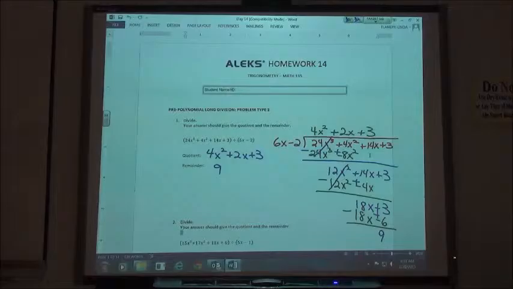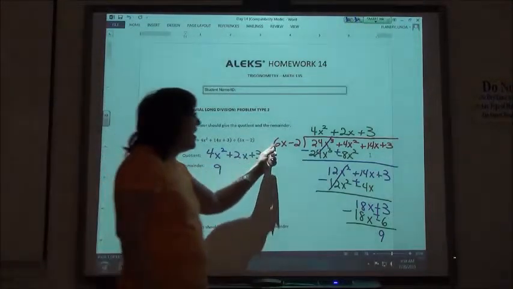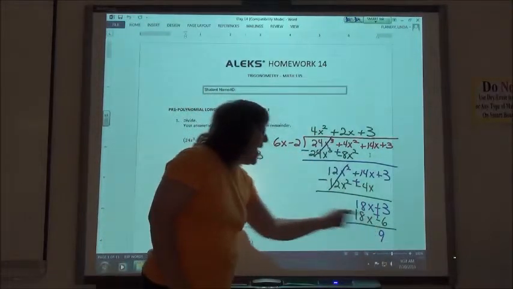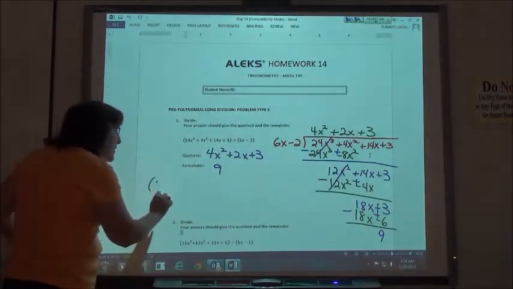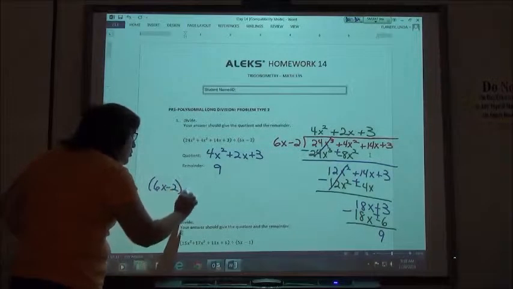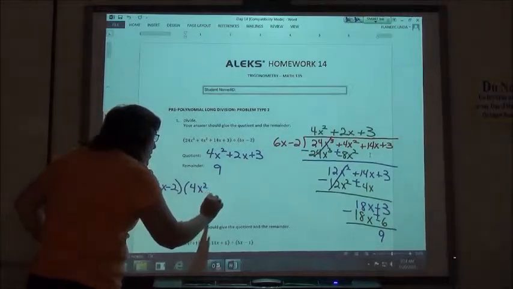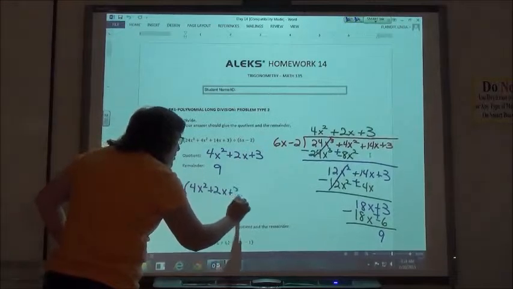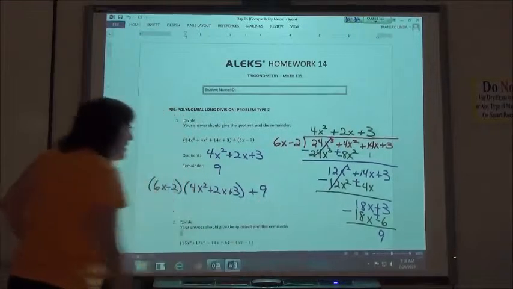Now if I wanted to check my answer, I'm going to take my divisor times my quotient and add my remainder. So I would take 6x minus 2 times 4x squared plus 2x plus 3 and add the 9 to that.